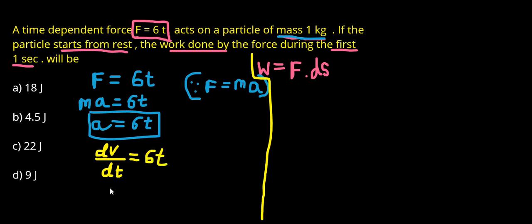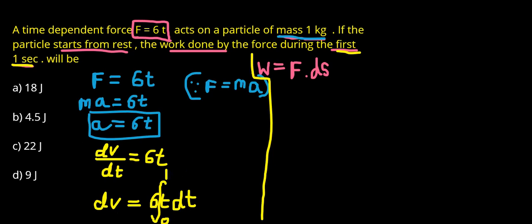From this I can say that dv is equal to 6t dt. The question asks about the first 1 second, so I integrate, as 6 is a constant, with lower limit 0 and upper limit 1. It means from 0 to 1.